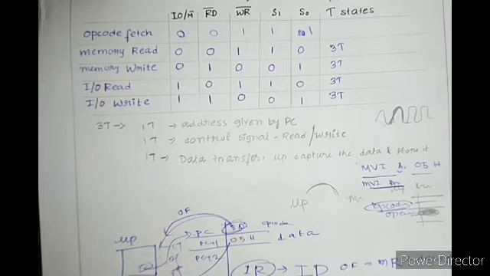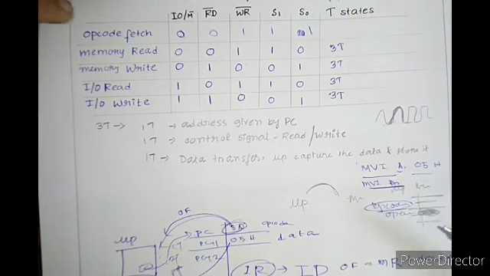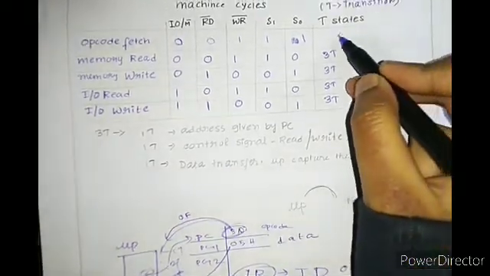These are status signals, and for each machine cycle we have a unique pair of combinations. So for S1 S0, for opcode fetch, if both of them are 1, 1, then it means that there is an opcode fetch operation. Okay, so in opcode fetch, how many T states are required?